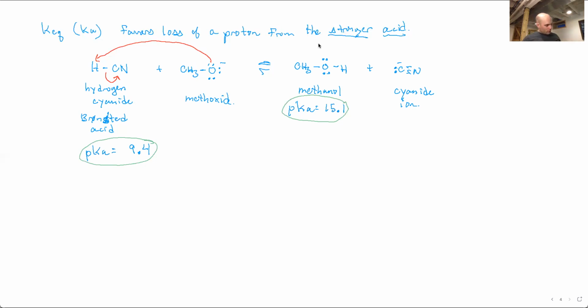And so for this reaction, proton is transferred from HCN to methoxide.